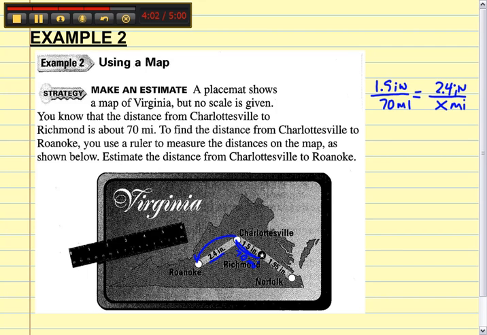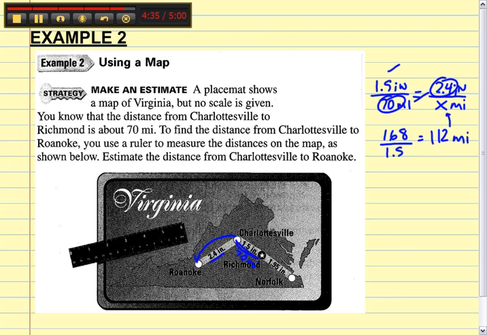Well, let's cross multiply. 2.4 times 70, I don't know what that is, but I have my calculator. 2.4 times 70 is going to give me 168, and I'm going to divide that by the number that I didn't use, 1.5. Divided by 1.5, and that gives me 112 miles.